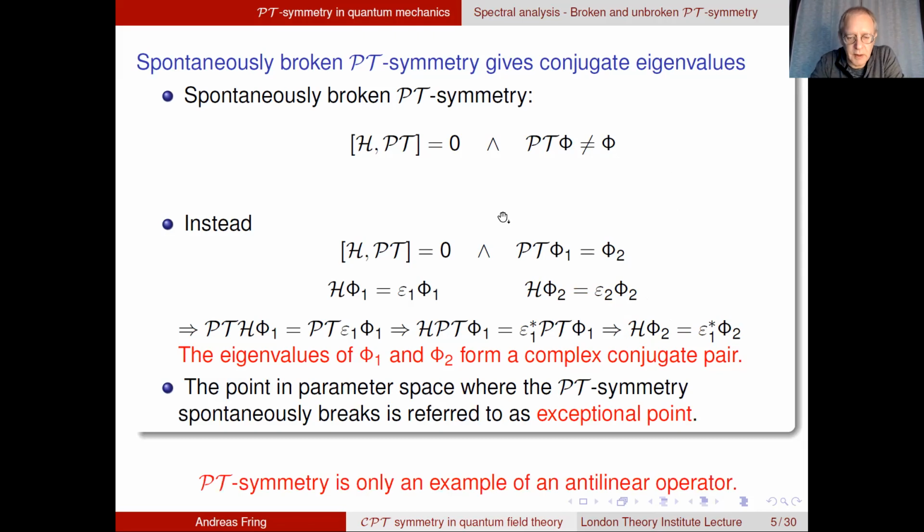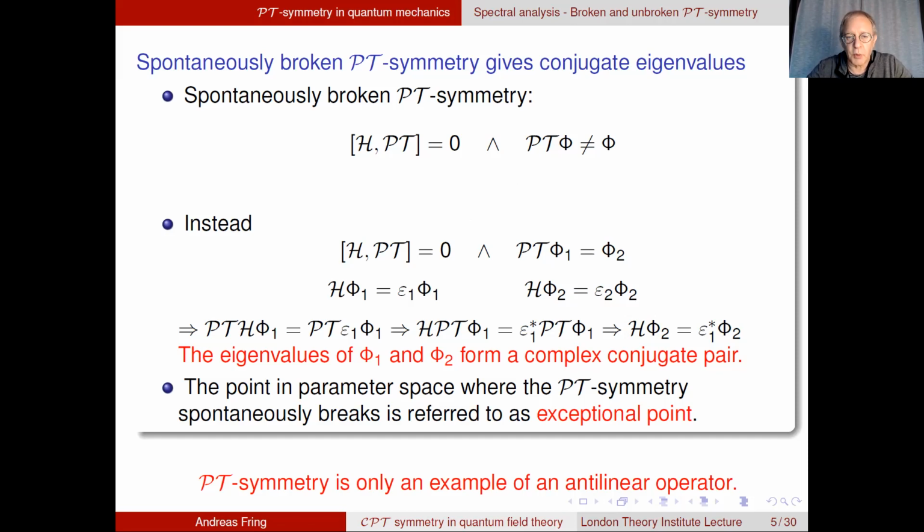And as already mentioned, PT symmetry is just an example of any antilinear operator. In all this argumentation here, I never used the fact that PT is a reflection in space and T reverses time. I never used that explicit formulation. That's just an example.